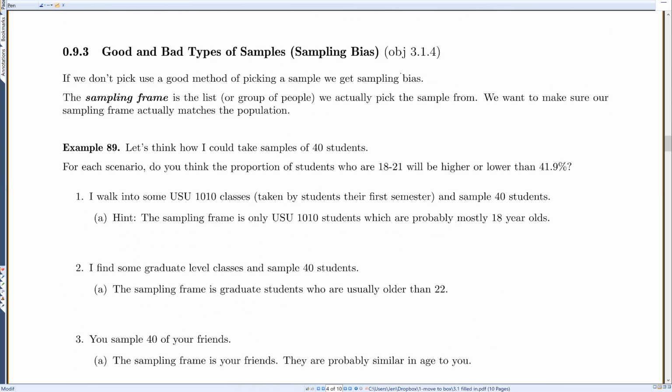Part of the new material for today is good and bad types of sampling. We're going to talk about sampling bias. If we don't use a good method to pick a sample, we get what's called sampling bias. Sampling bias means that we will consistently overestimate or underestimate.